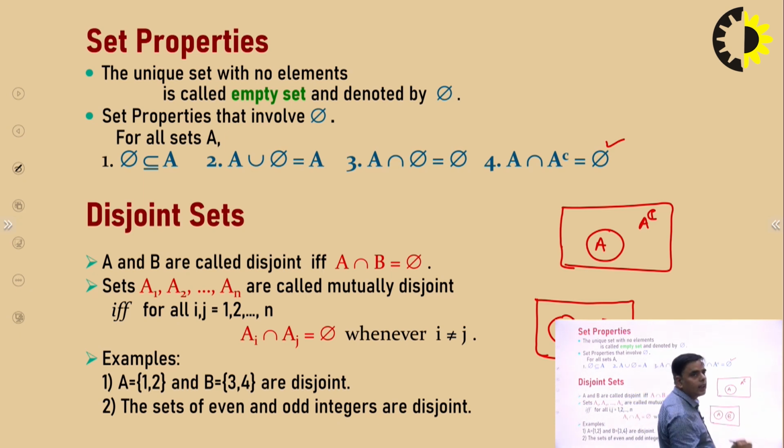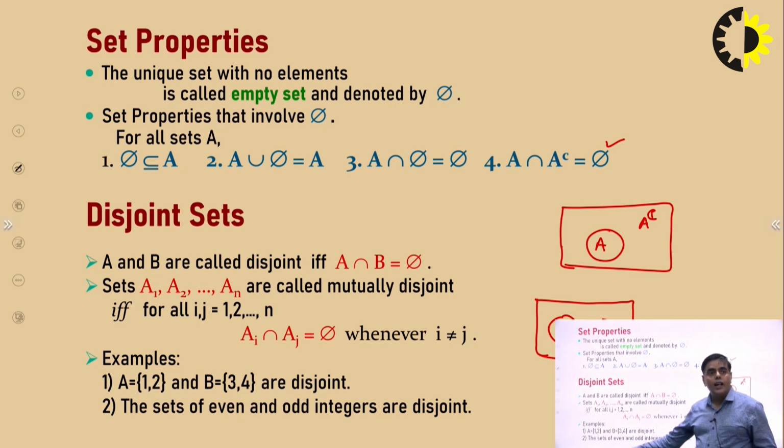So in the definition, if A_i intersection A_j, comparing two sets, has no element in common and i is not equal to j, then this type of set is called disjoint. For example, A is equal to {1, 2} and B is equal to {3, 4}, and you can check there is no common element between these two sets. So these two sets are disjoint.